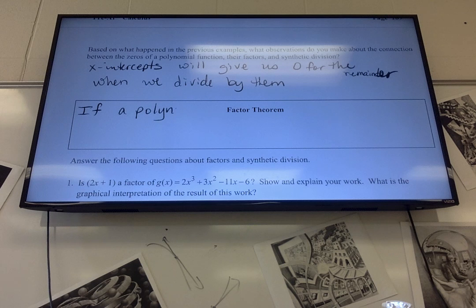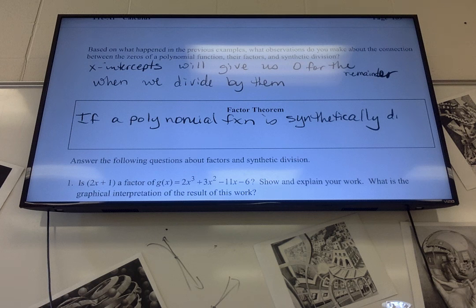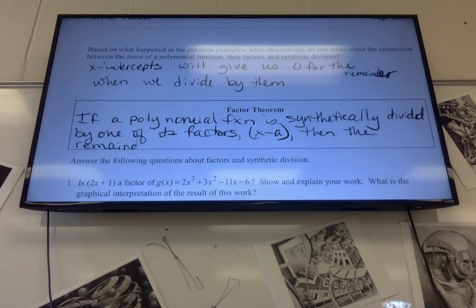If a polynomial function is synthetically divided by one of its factors, x minus a, then the remainder must be f of a equals 0. So whether you do synthetic division or you plug it in, you're going to get 0.